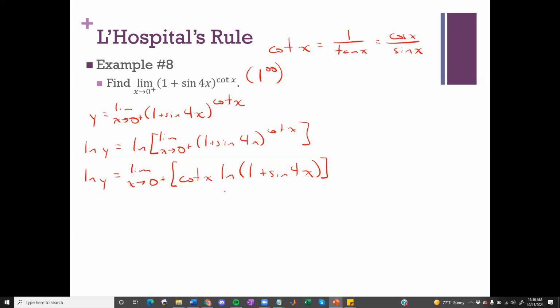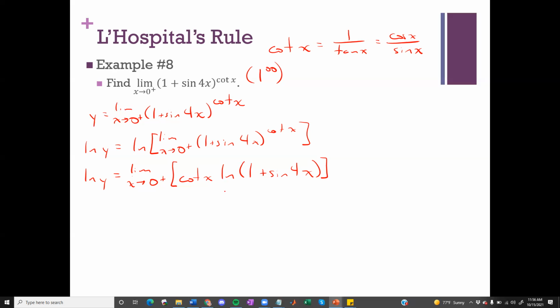Well, the indeterminate form we're looking at is 1 to the infinity.